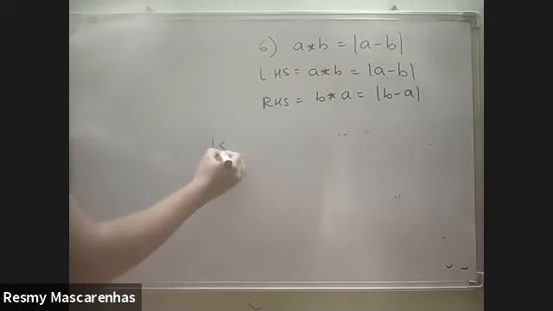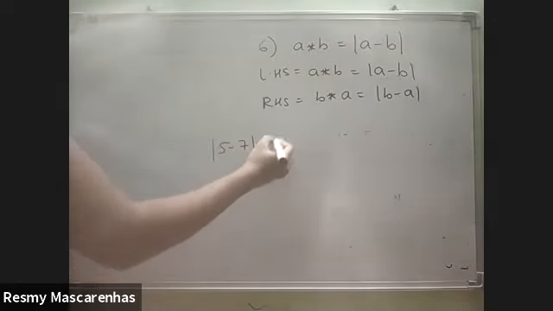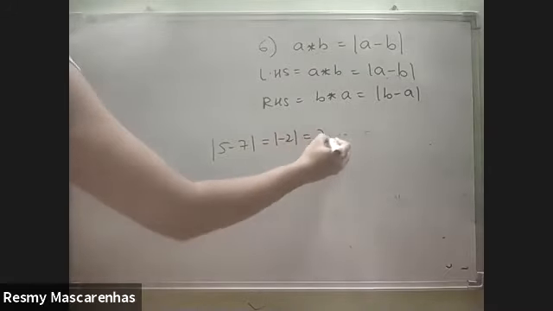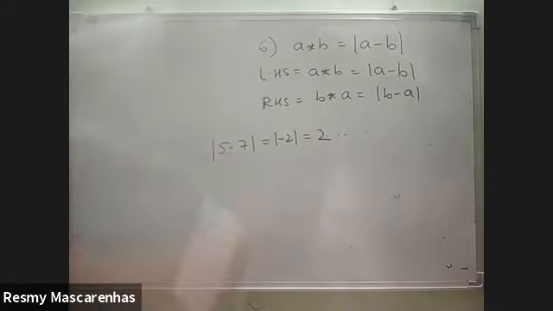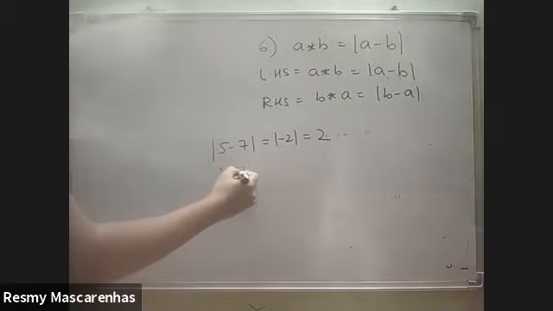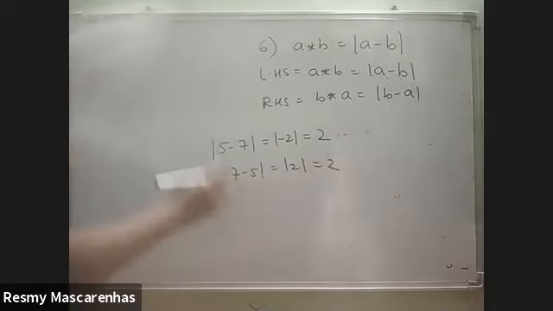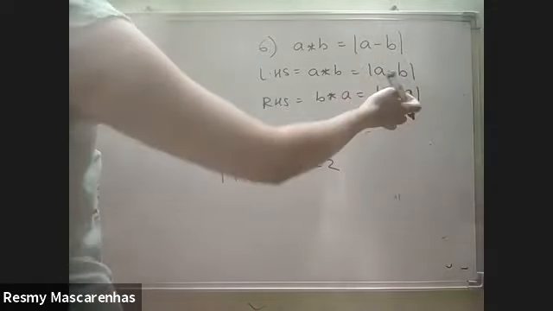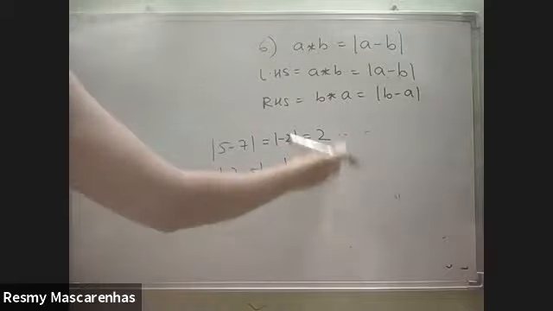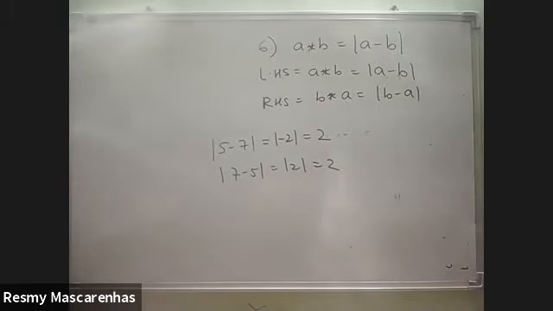See, still you will get positive because there's a modulus sign. 7 minus 5 will give you 2. Still answer will be 2. So whenever there's a modulus sign, no matter whether it is a minus b or b minus a, you will always get a positive answer. Therefore, that's why whenever there's a modulus sign, answers will be equal.